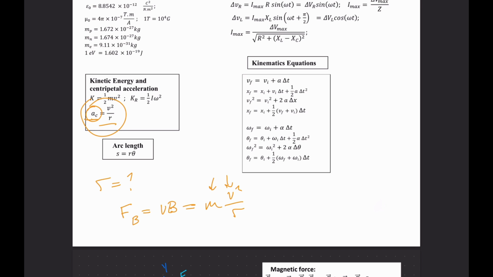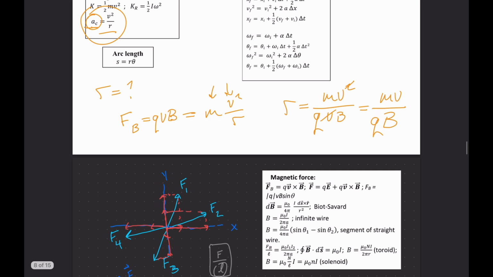Then you can manipulate all this and solve for r, and you get r is equal to mv squared over vB, and you can simplify this by canceling one of these, so mv over B. Oh, we're missing q. My bad. q goes over here, and the q comes from this equation here, qvB sine theta. Sorry about that.